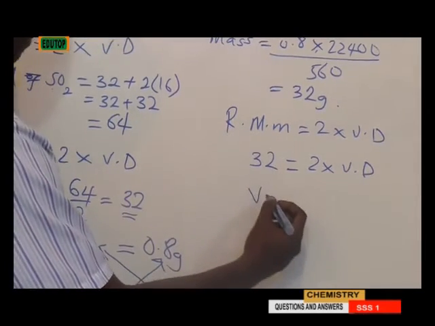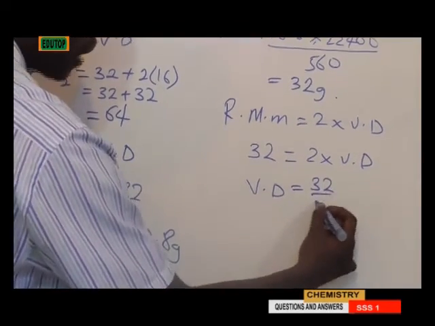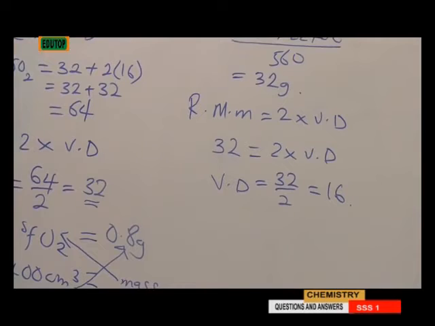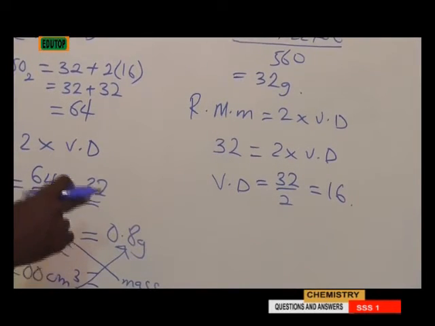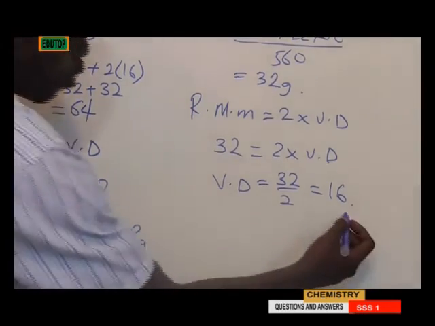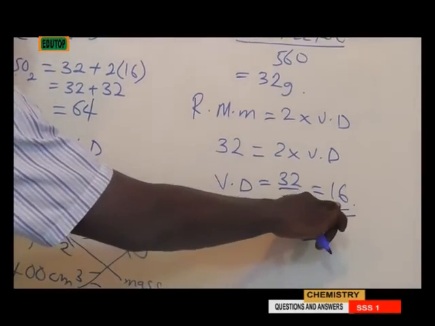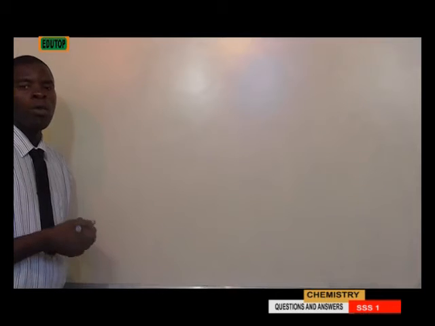So vapor density equals 32 over 2, which is 16. That means the vapor density of oxygen is 16, and this is the answer to question B of 3.